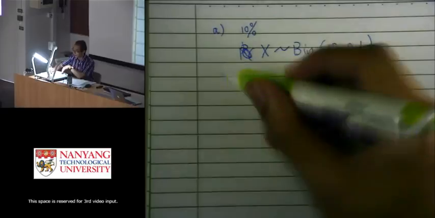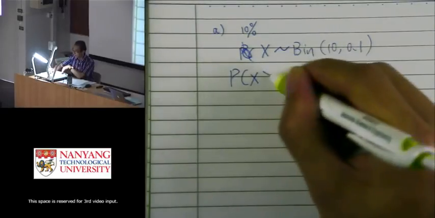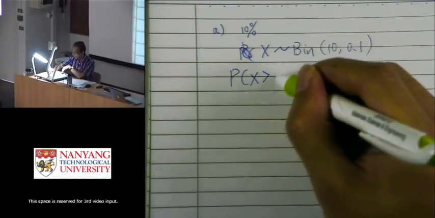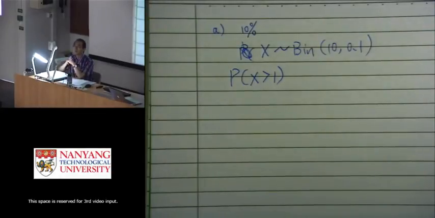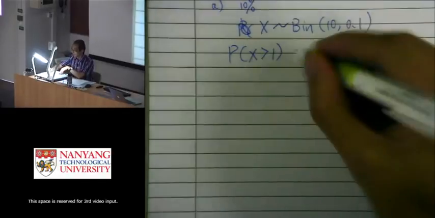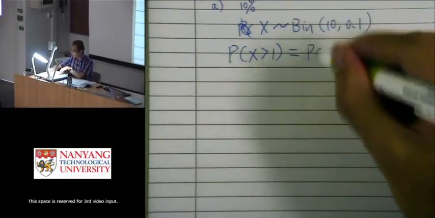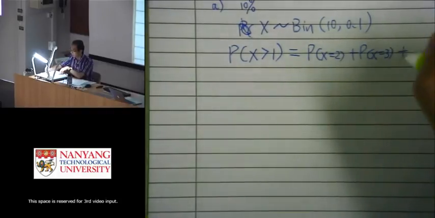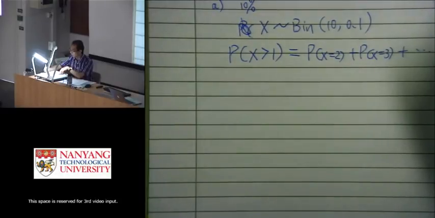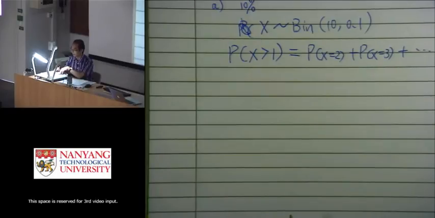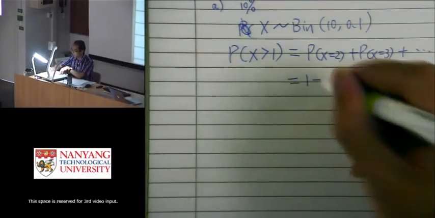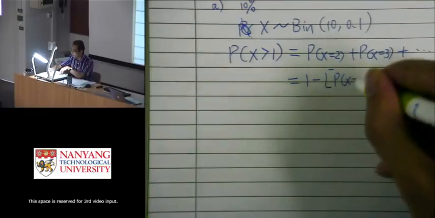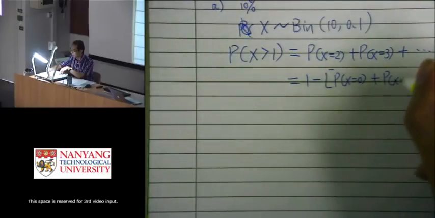Then they ask for the probability that X is larger than 1, right? You can get it equals P(X=2) plus P(X=3) up to P(X=10). So this is the direct approach. Or it equals 1 minus [P(X=0) plus P(X=1)].